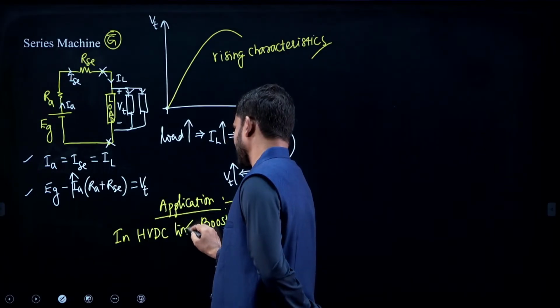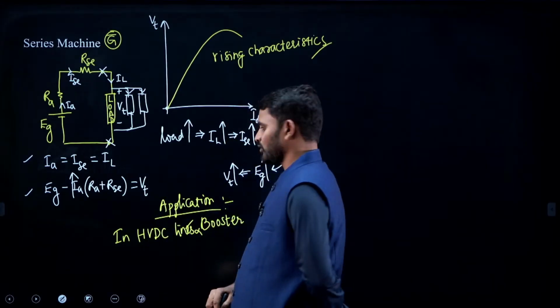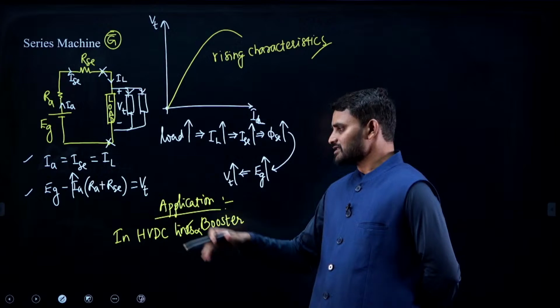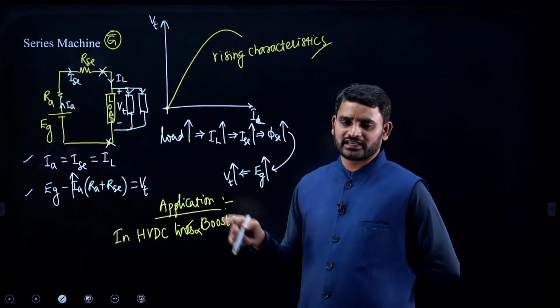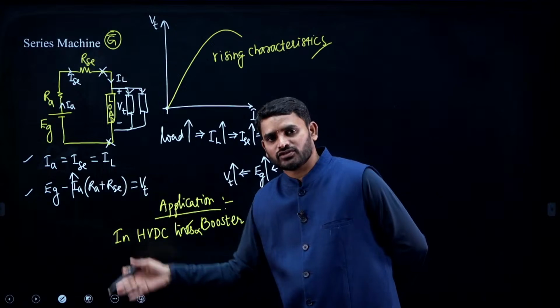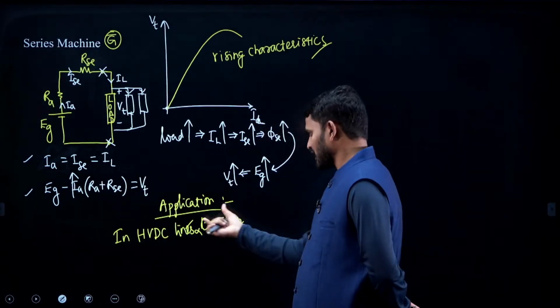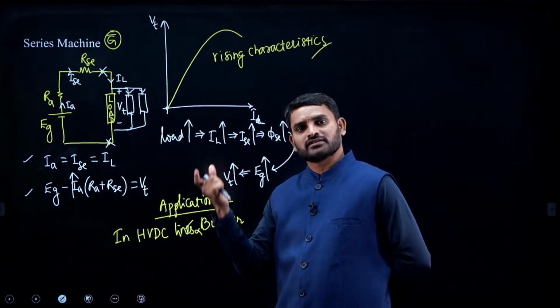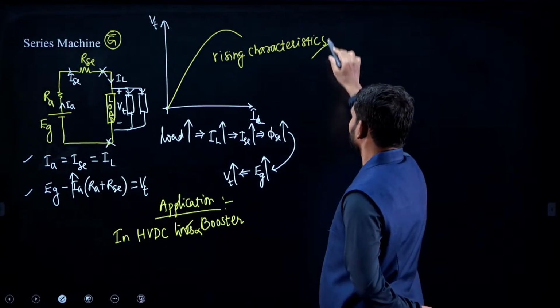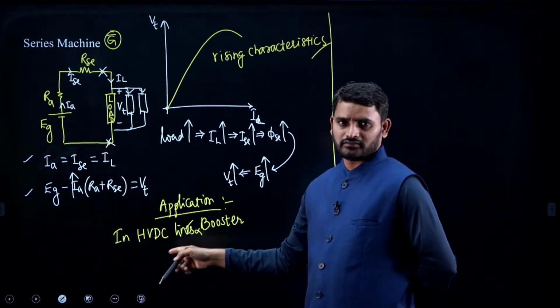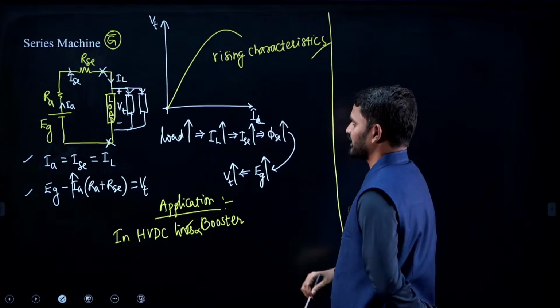In HVDC lines, we can use it as a booster, because if the load increases, current increases, the same phenomenon, terminal voltage increases. Actually, the receiving end voltage should fall, but because of the series generator's existence, the terminal voltage will increase. Okay. Right. So, this is one of the main applications of the series generator.